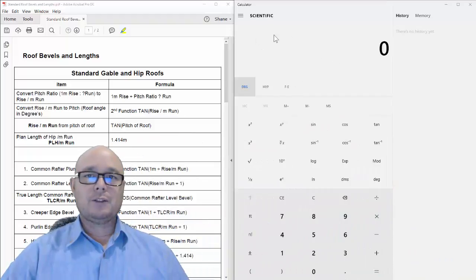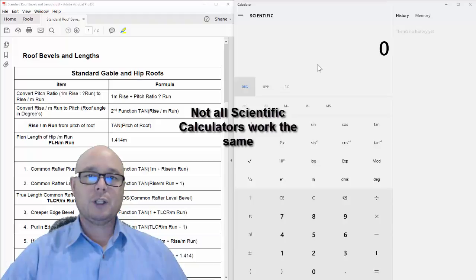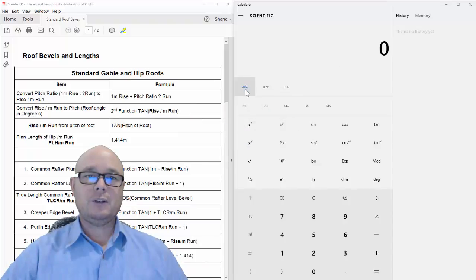So one thing I want to talk about scientific calculators is they all work a little bit differently. But the very first thing that you want to make sure your calculator is set to is degrees. On your calculator, you've got a button that will either say DRG on it or something else.